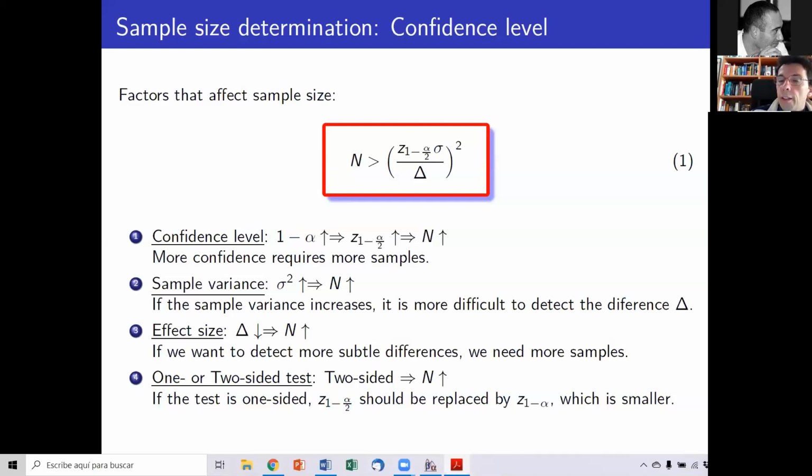So you are only interested in showing that part, because you know that it never goes up. If anything, it goes down. So you are adding some a priori knowledge, and this a priori knowledge translates into a one-tail test and then into a lower number of samples.